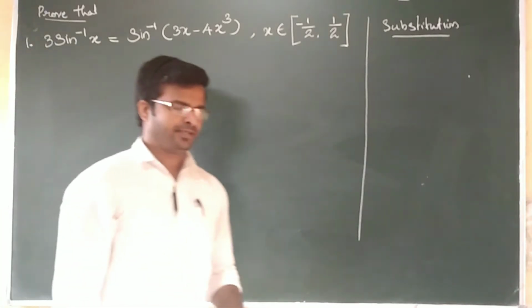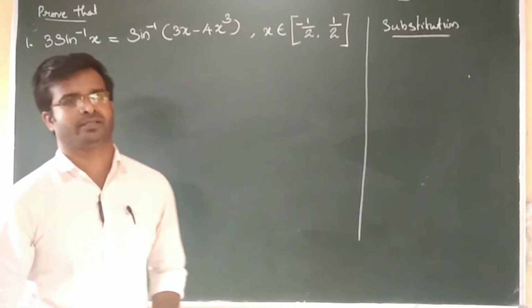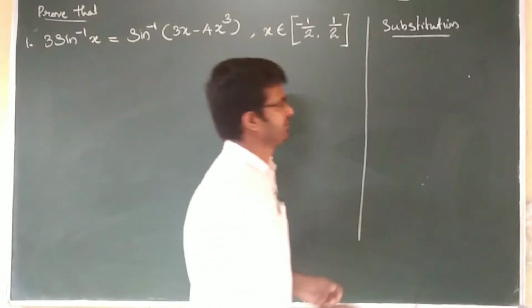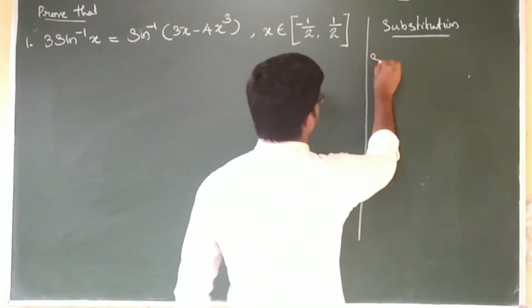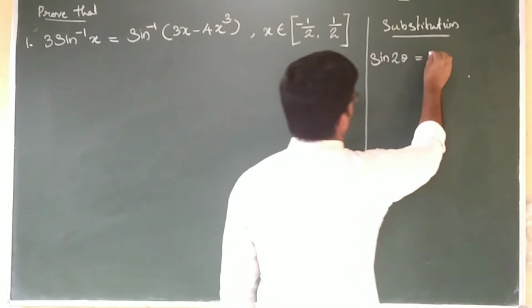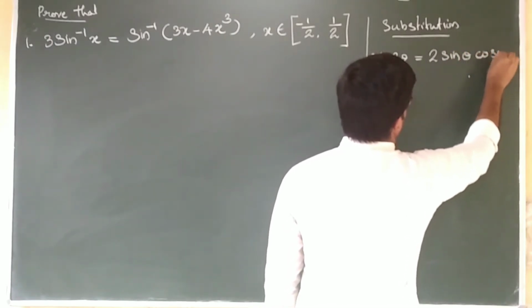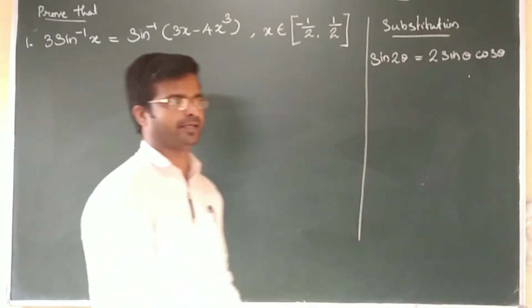For that, last year in class 11 we already studied many trigonometric formulas, isn't it? First let us see some trigonometric formulas. Sine 2 theta is 2 sine theta cos theta.